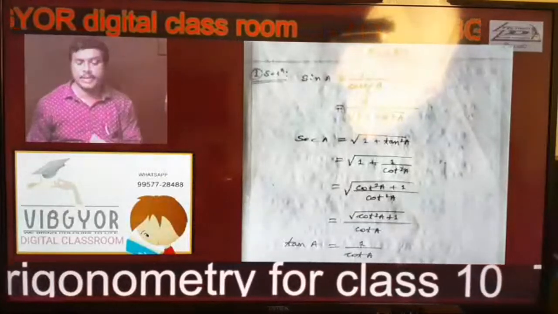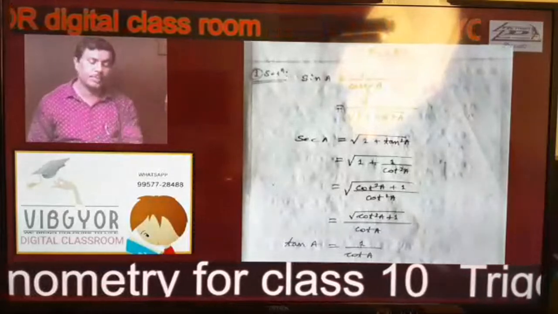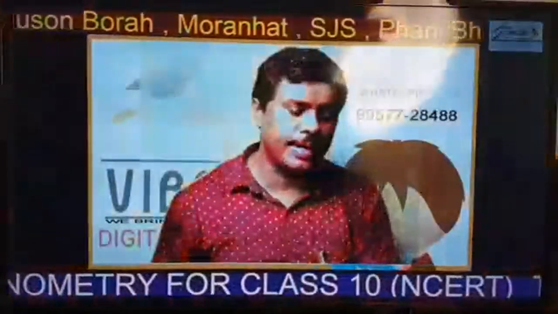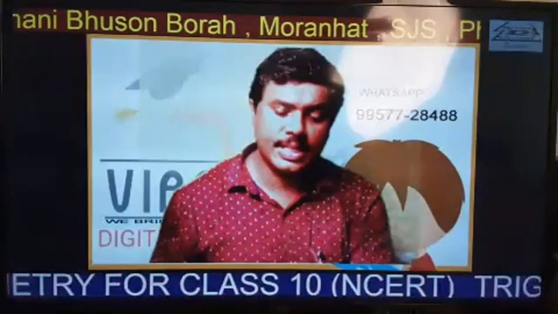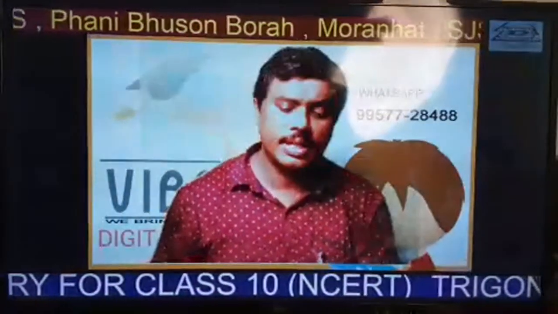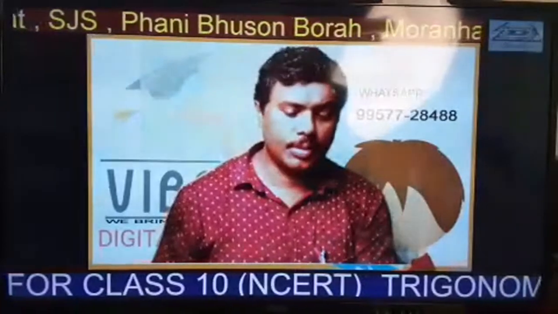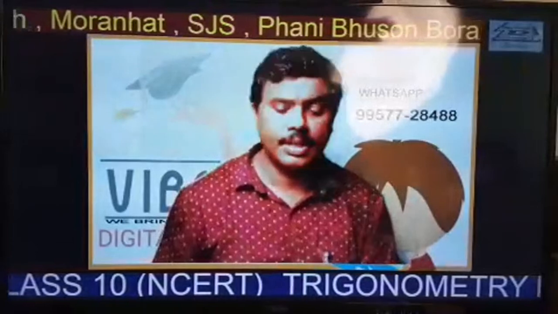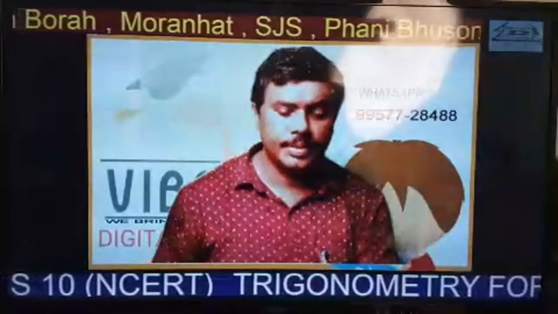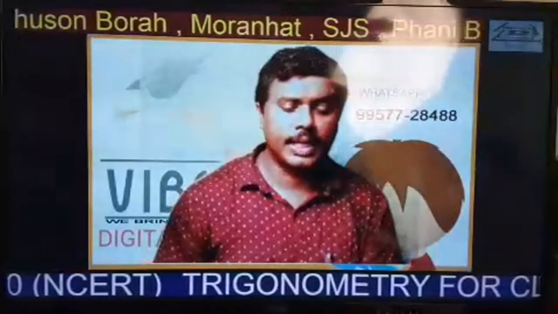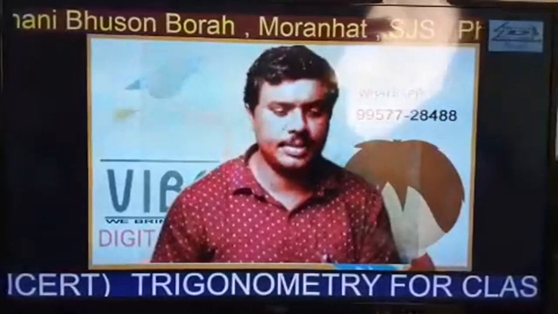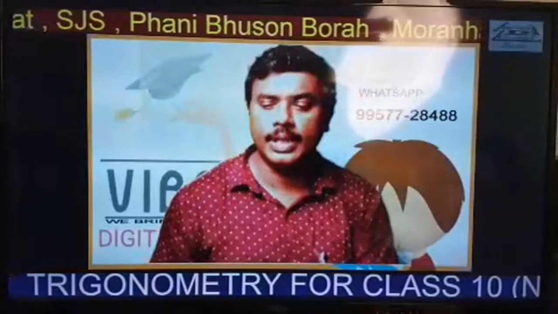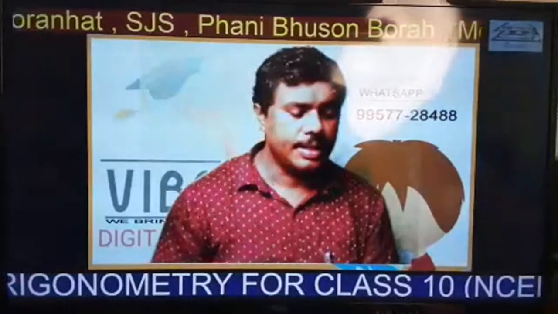From that you have to use your identities, and for your reference you can see page numbers 215 and 216, that is 2 pages. You have to see them in your textbook, then you will be able to understand the identities. Now with the help of the identities, we are going to solve the sums given in exercise 8.4.